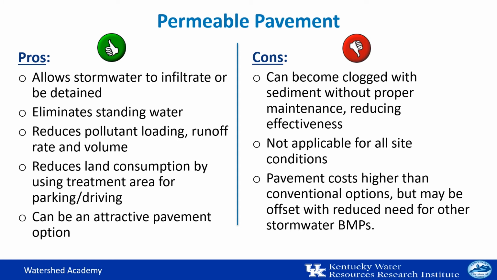This is not applicable for all site conditions, such as in roadways or under a tree canopy, which can cause excessive clogging from the fallen leaves. And again, it is going to be a much higher cost than conventional options, but it may offset that because you don't have to install some of the other stormwater BMPs on the grounds.